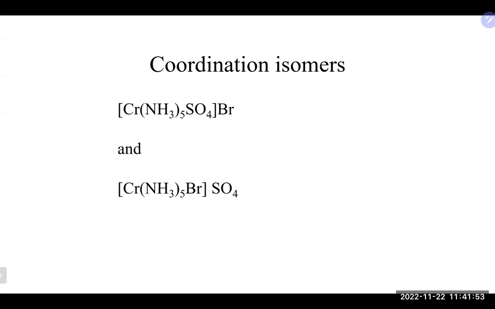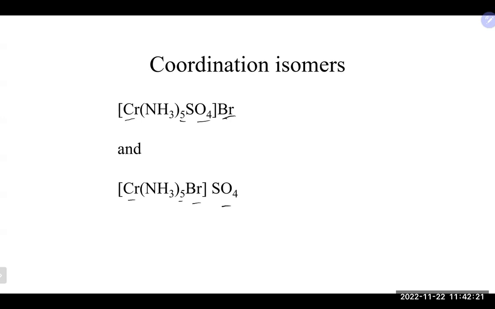So here, if we count up everything that's involved in both of these coordination compounds, we pretty much have the same of everything. We have 1 chromium, 5 NH3s, 1 bromine, and 1 sulfate. So they are made up of all the same elements. But these are different in the way that the elements are attached.